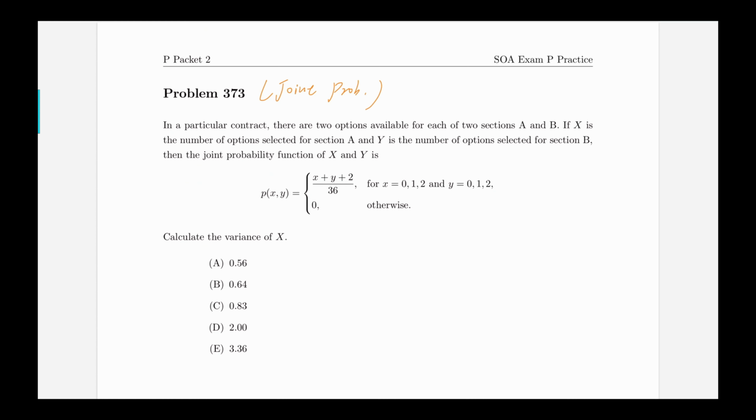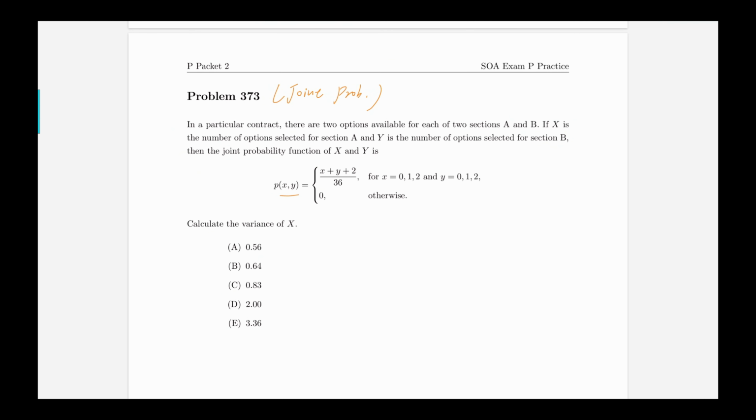And the reason I say this is a joint probability is that this is a probability function with two variables. Okay, so the question is basically asking for the variance of x. And in order to find the variance, we might need to find the expected value of x and some other things about x.